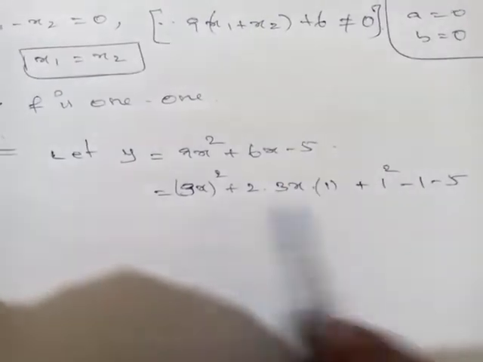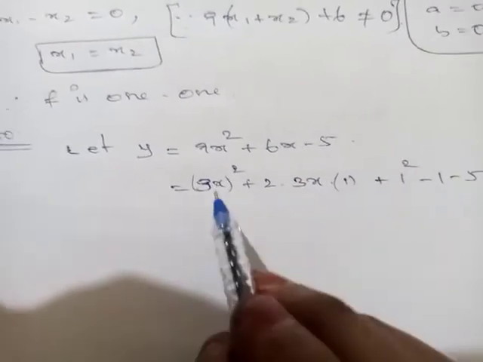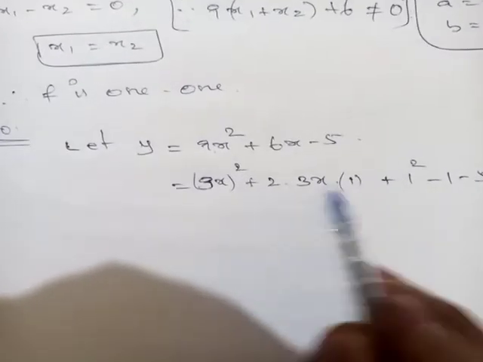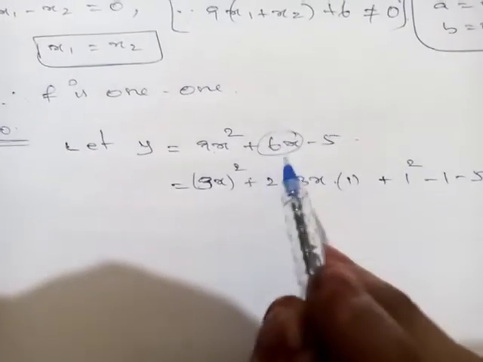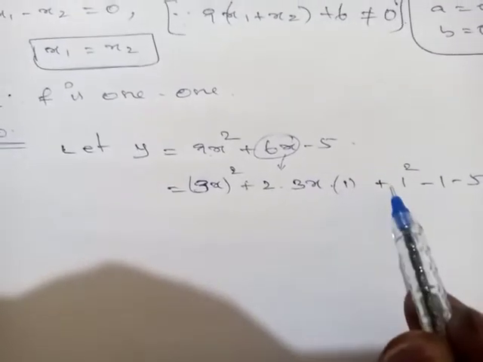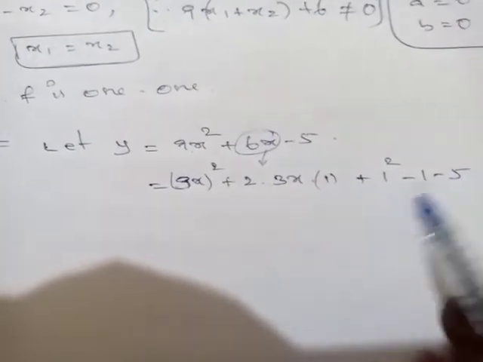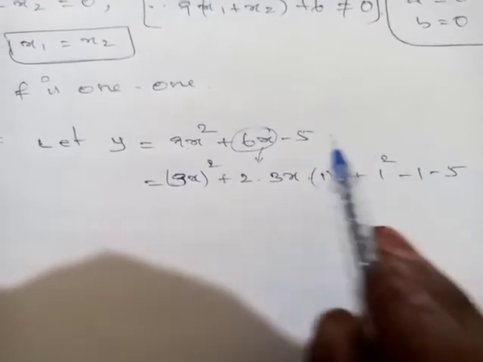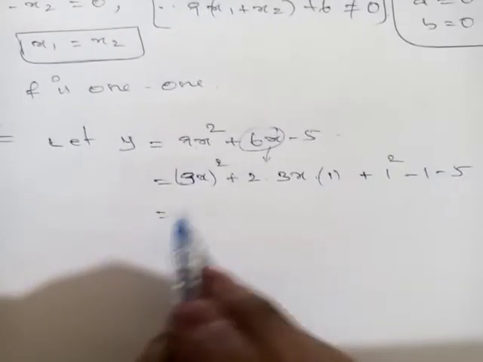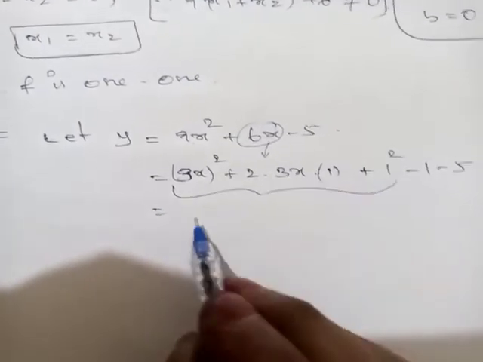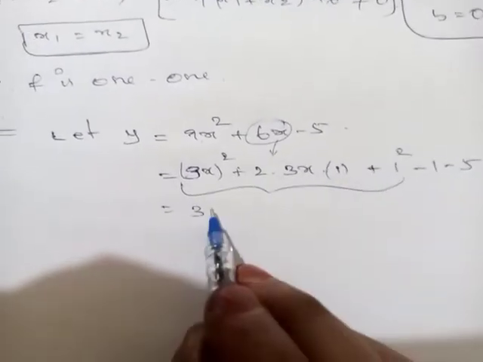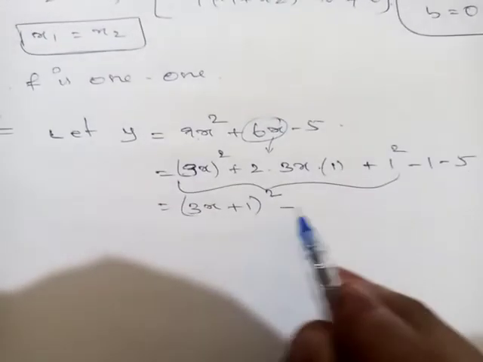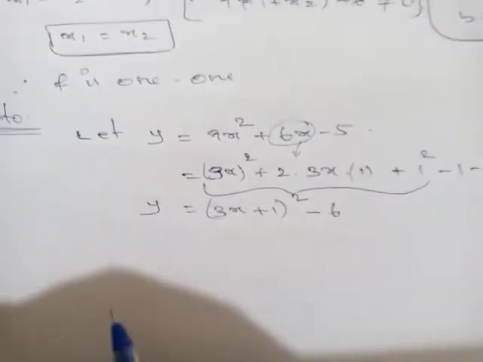That is, this term we are writing like this, square completion method. 9x square I am writing as 3x square, my plus 2ab format. This 6x I am writing in plus 2ab format, plus b square form we need, so plus 1 square I am writing. For balancing this, minus 1 I am writing, so minus 5 is there. So this first three terms can be written as a plus b the whole square formula. So a plus b the whole square, the remaining is minus 6, which is equal to y.